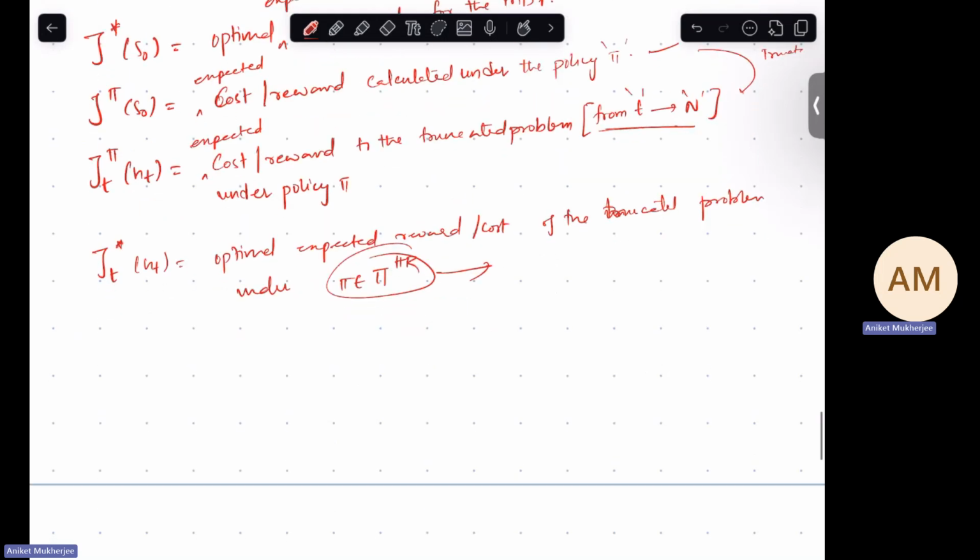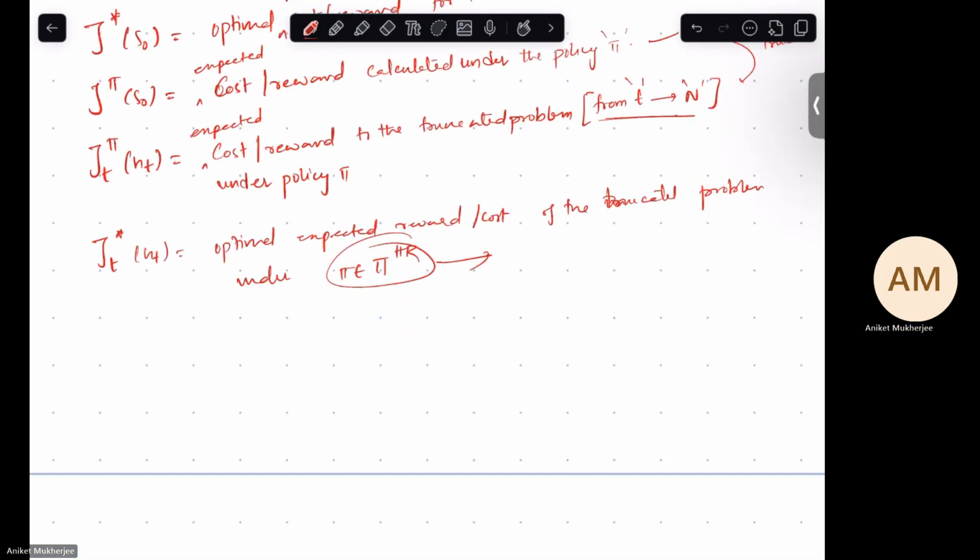Okay. And JT HT, this is the expected reward calculated by the Bellman equation.